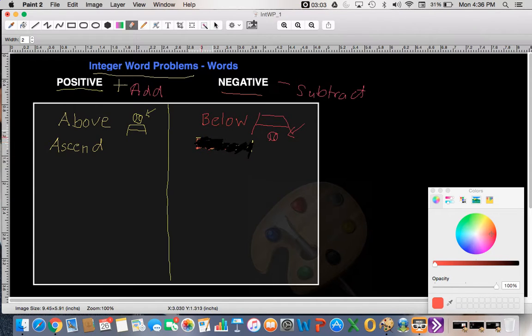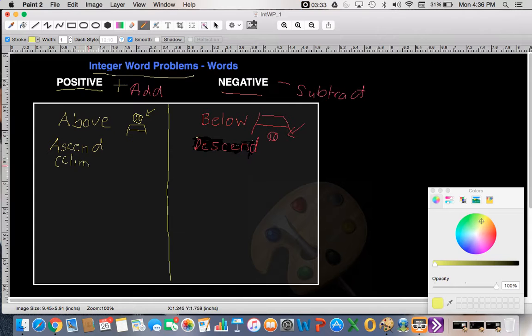Do you know what's the meaning of ascend? Let us write this down first. Descend. And another word for ascend is climb.